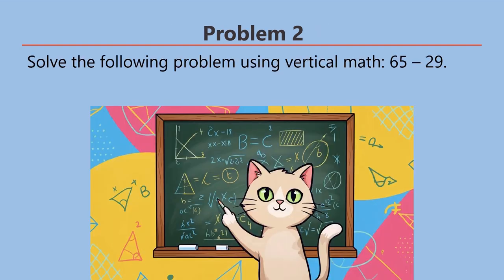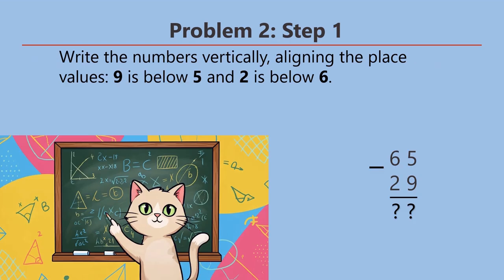Problem 2. Solve the following problem using vertical math: 65 minus 29. Step 1. Write the numbers vertically, aligning the place values. 9 is below 5 and 2 is below 6.